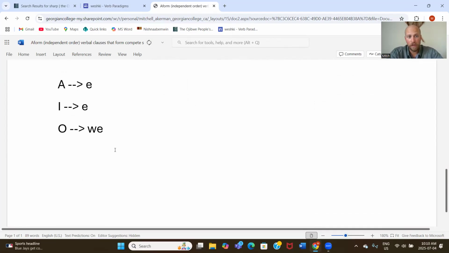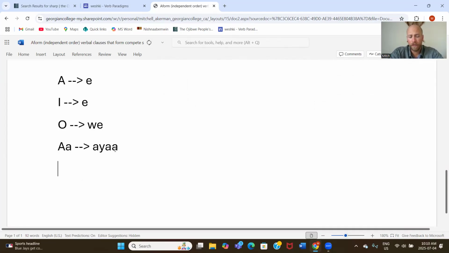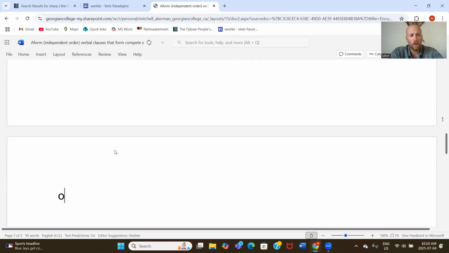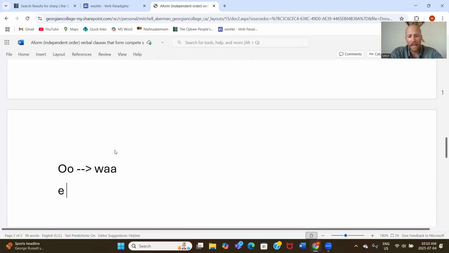Then we've got our long vowels. Double A turns into a YA. Double E turns into AH. Double O turns into WA. And finally, double I turns into a YEAH.